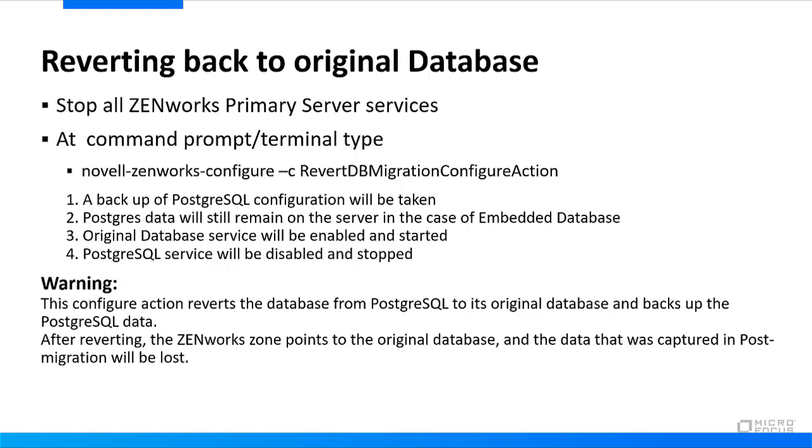Original database service will be enabled and started, and PostgreSQL service will be disabled and stopped. Warning again, as I mentioned earlier, this configure action of reverting the database from PostgreSQL to its original backs up the PostgreSQL database, but any data that was captured in between will be lost.